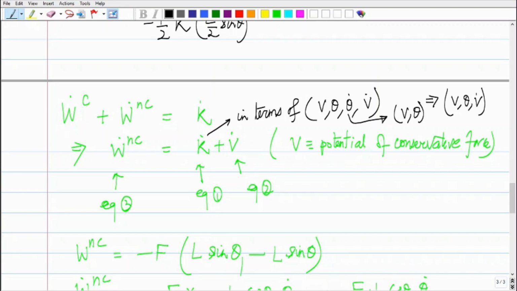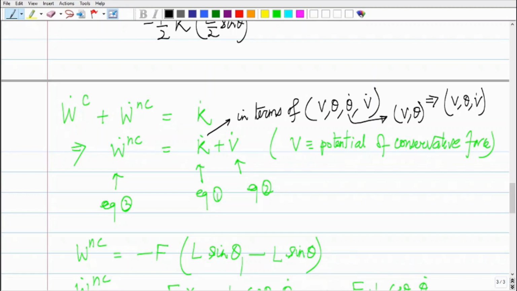So K dot will be in terms of the current velocity of the collar, theta of the link, and acceleration of the collar. So you can see that this equation will finally be in terms of the unknown V dot. And at the initial instant, the velocity of the collar is 0 and theta is equal to theta 1.